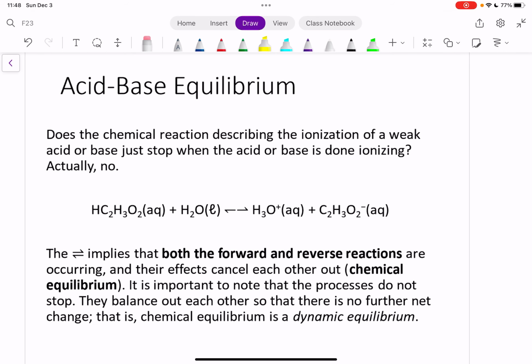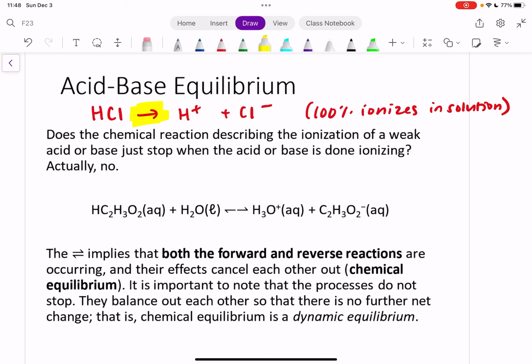Another way to tell if something is a weak acid or a strong acid is the arrow. For strong acids, for instance HCl becoming H plus and Cl minus, you'll always see that arrow as just a forwards arrow. Why is that? Well, it 100% ionizes in solution.